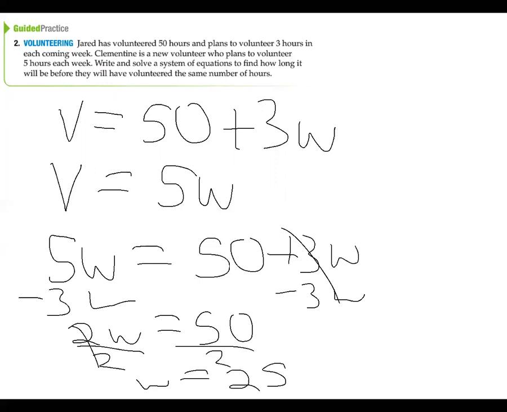Now it doesn't ask how many hours they'll already have. You could get that by just substituting 25 in for W here. 5 times 25 is 125. So the solution would be 125, 25, which would mean that they would both have 125 hours of volunteering after 25 weeks.